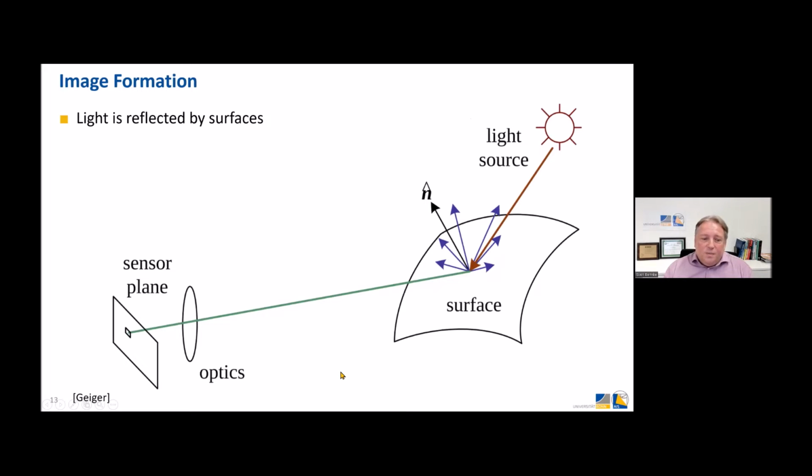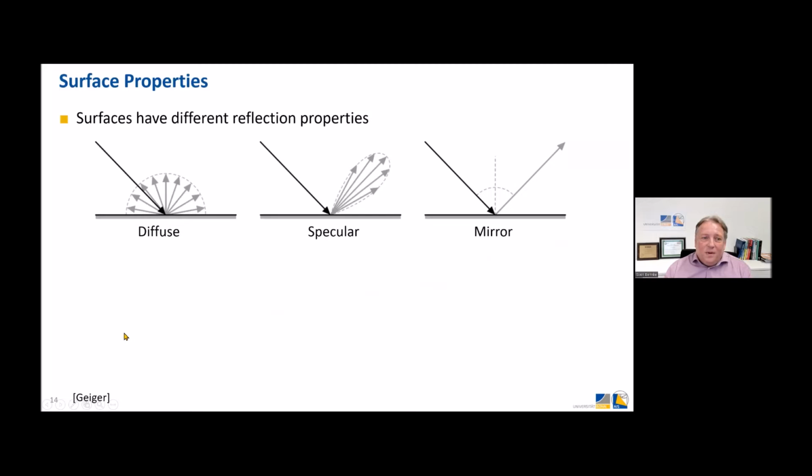Image formation, of course, starts from a light source, and then it may hit some surfaces where light is reflected, and then eventually through some optics, hopefully we have a sharp image on our sensor plane. But surfaces have many different properties.